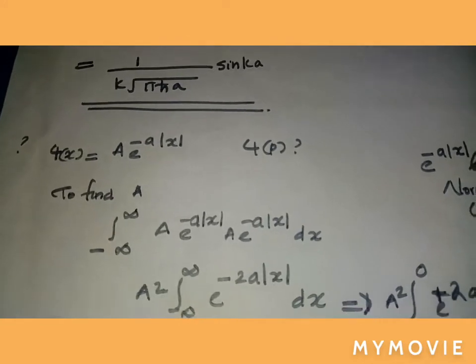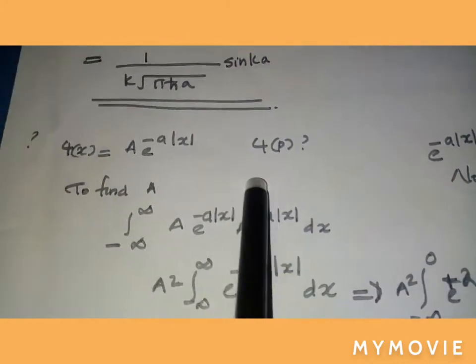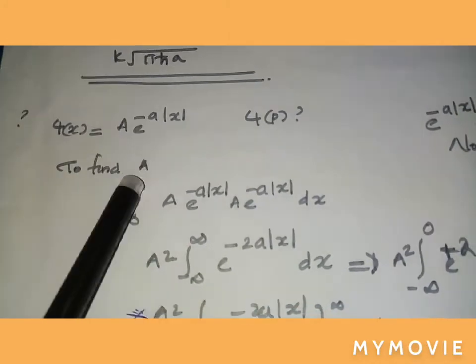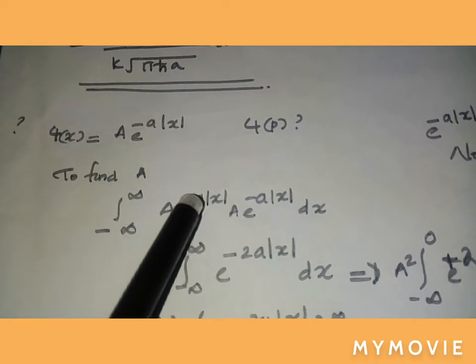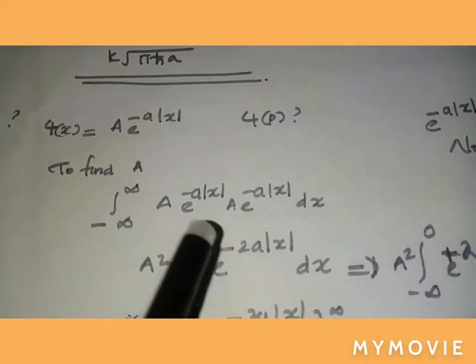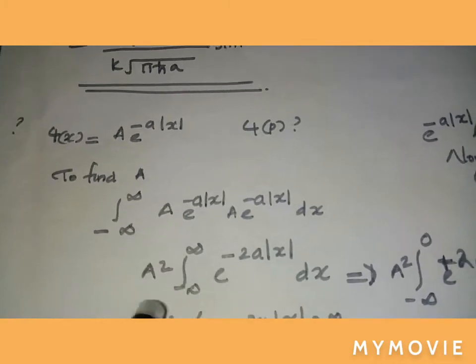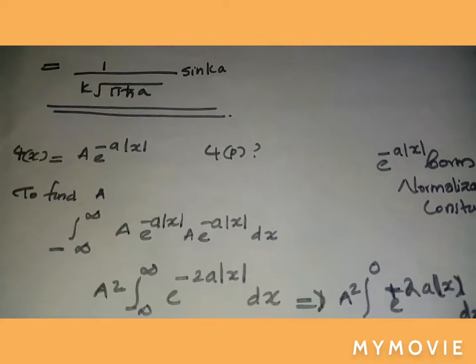Next question is ψ of x is equal to A e raised to minus a mod x. We have to find ψ of p. To find the normalization constant, integral minus infinity to plus infinity of A e raised to minus a mod x times A e raised to minus a mod x dx, that is ψ star ψ. So A square integral of minus infinity to plus infinity e raised to minus 2a mod x dx.